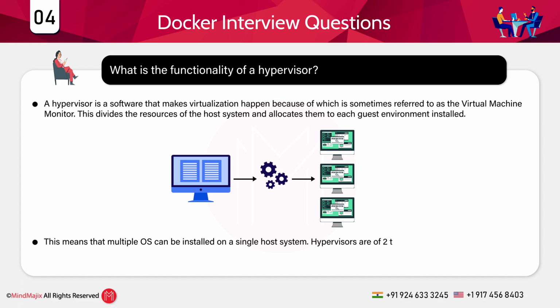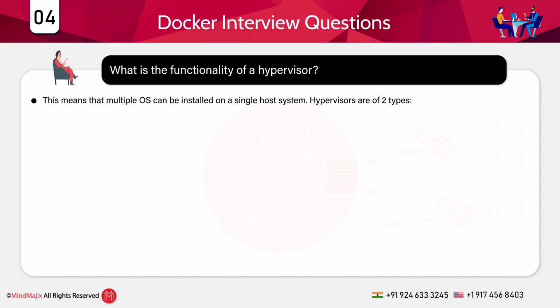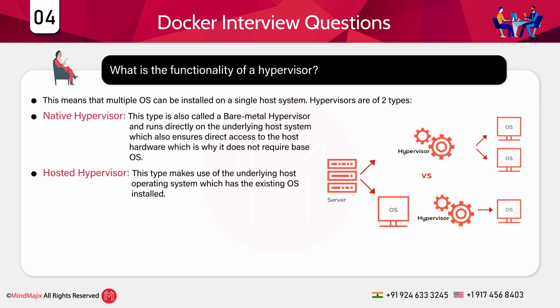Hypervisors are of two types. The first type is the native hypervisor and the second type is the hosted hypervisor. Let's understand the native hypervisor. It is also called a bare metal hypervisor and runs directly on the underlying host system, which ensures direct access to the host hardware, which is why it does not require a base operating system.